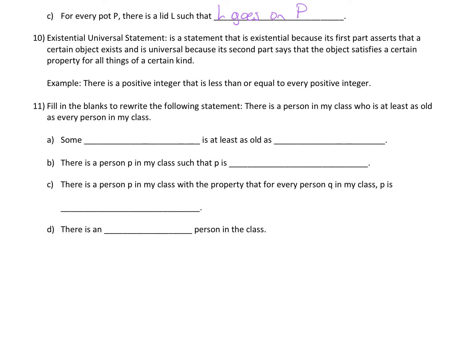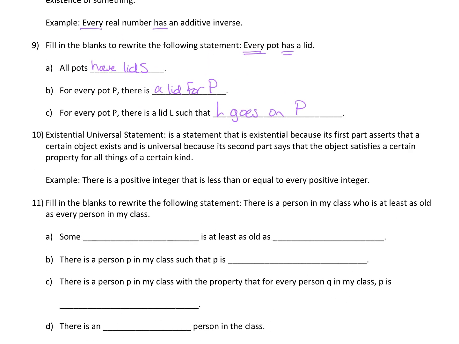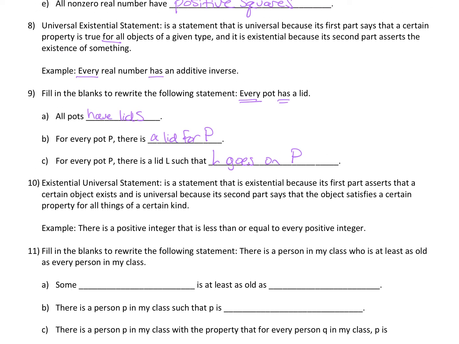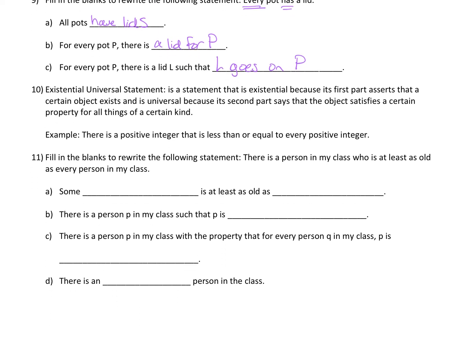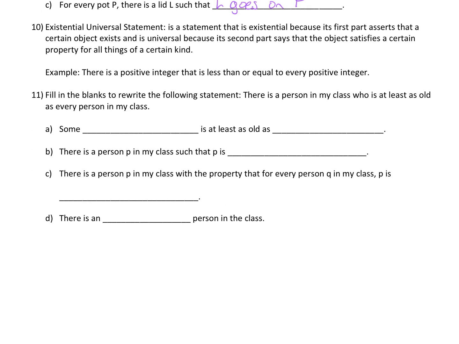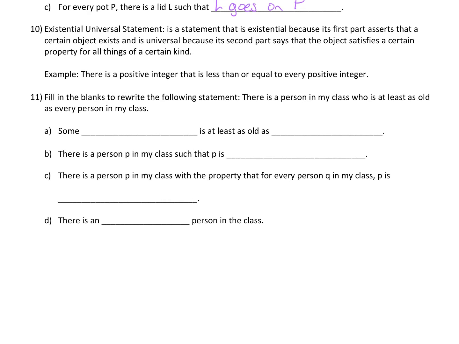Okay, now we have existential universal statements, the reverse. So we just did universal existential, now we have existential universals. That is a statement that is existential because its first part asserts that a certain object exists. So first part is existence.